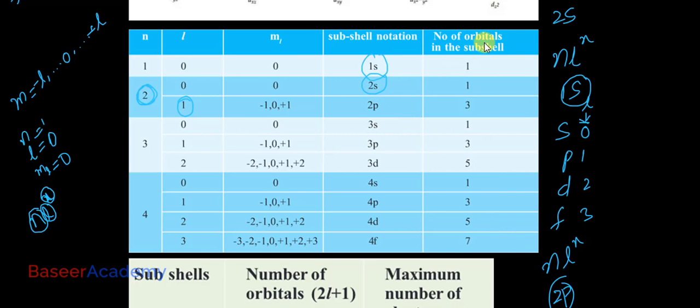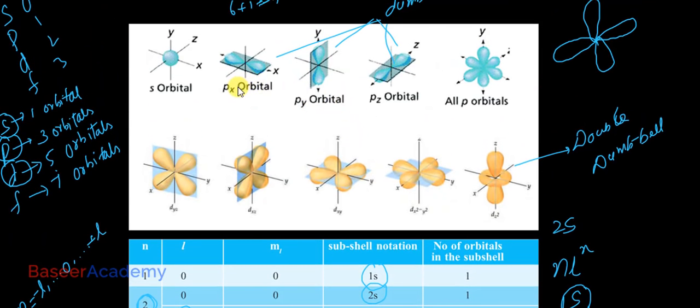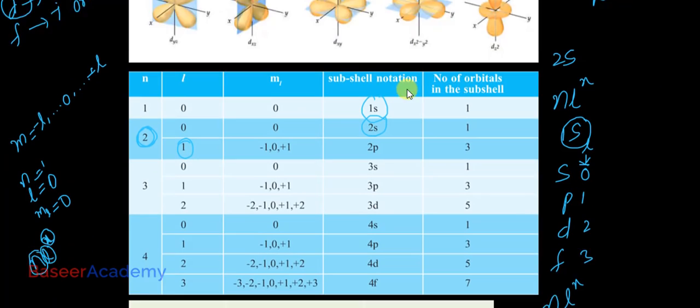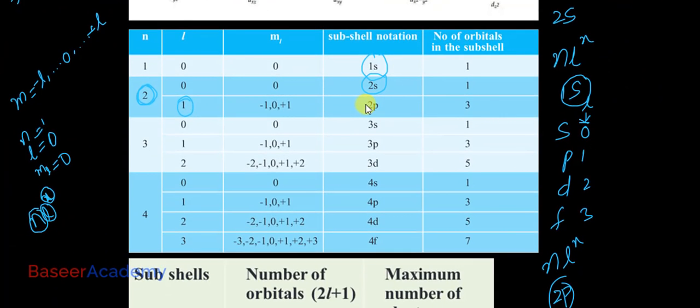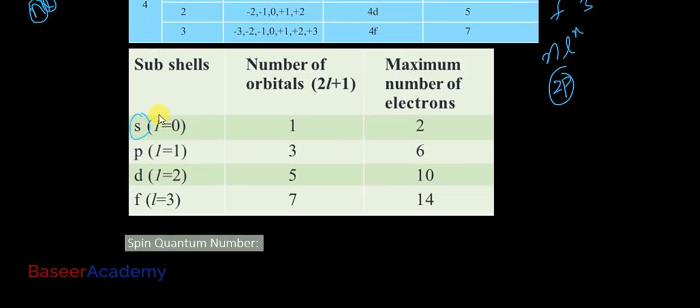And how many orbitals are there in the p subshell? There are 3 orbitals. We have already seen the p subshell is divided into 3 orbitals, px, py, pz. The s subshell has only 1 orbital.